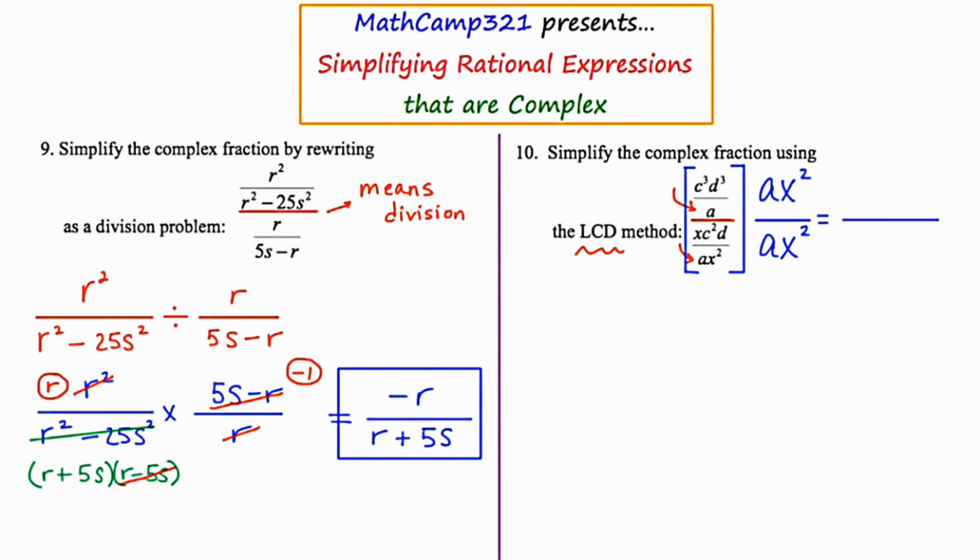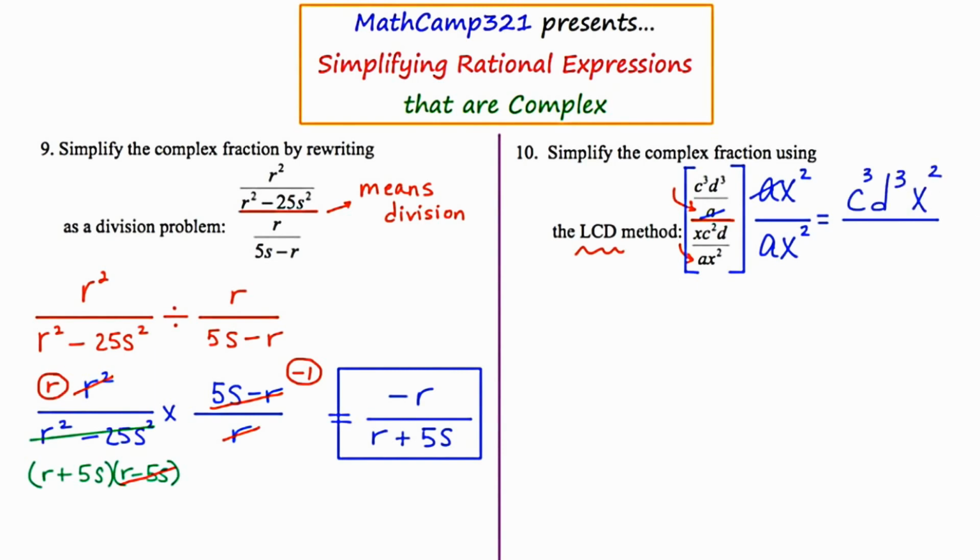Now let's focus on the numerator only. If I were to multiply c cubed d cubed over a times ax squared, the a on the top and the bottom are going to cancel. So in the numerator, what I'm left with is c cubed d cubed x squared.